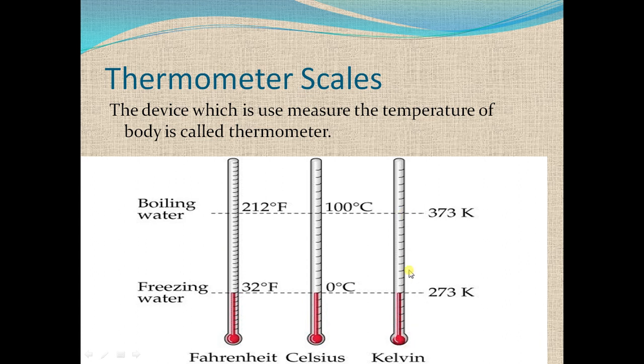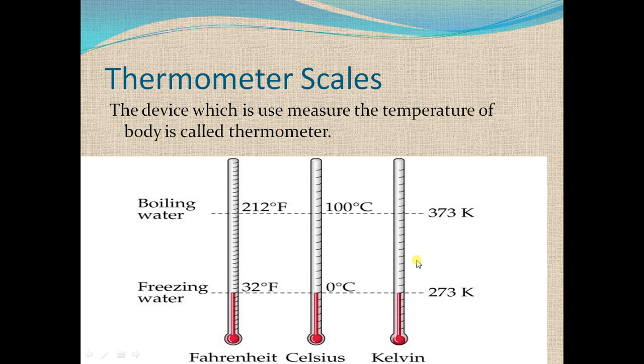And the last one is Kelvin. In Kelvin, the freezing point of water is 273 and the boiling point is 373, and there are 100 divisions in this scale.